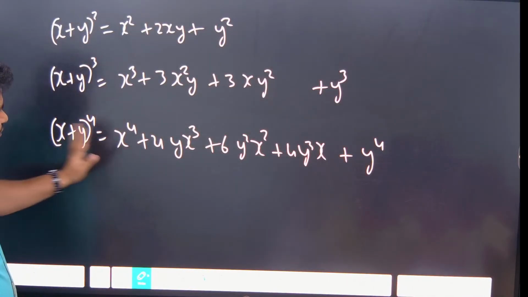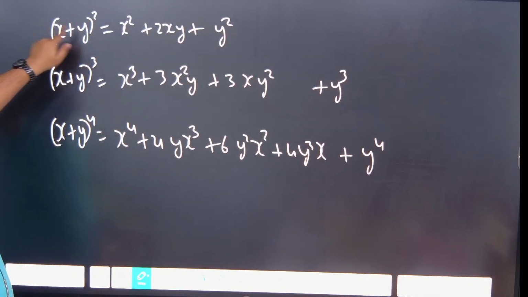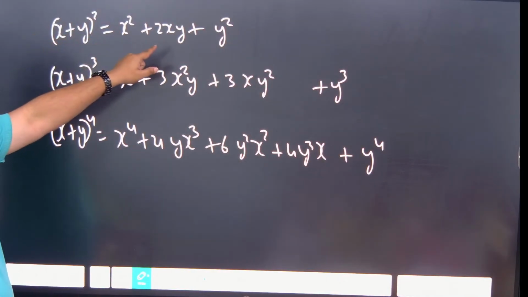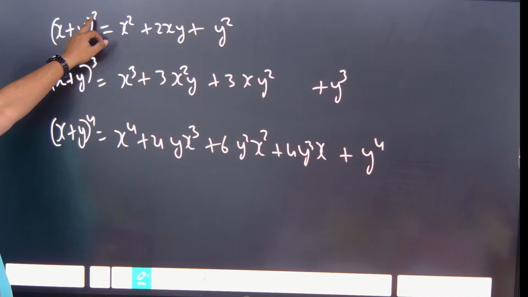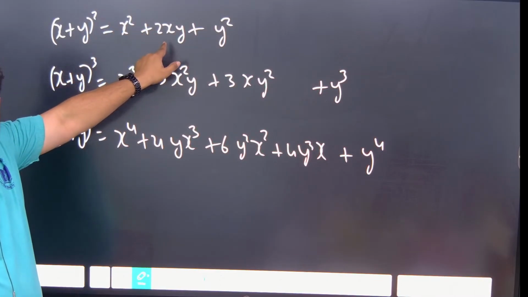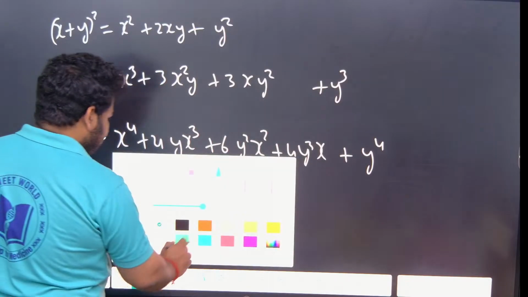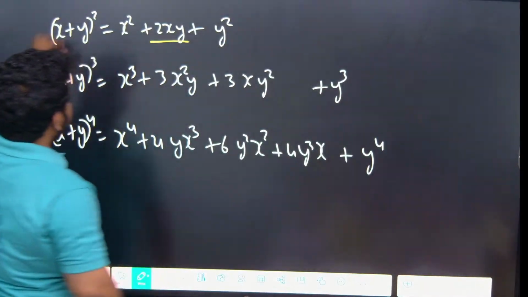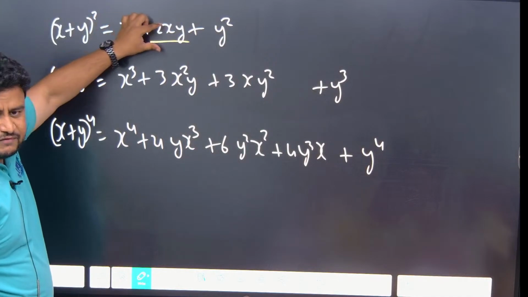Now, when we write like this, my question is, here the number of terms is how many? 3. Here n is odd or even? Here n is even. The number of terms is 3, odd. How many middle terms are there here? Only one middle term. So when n is even, there is only one middle term.